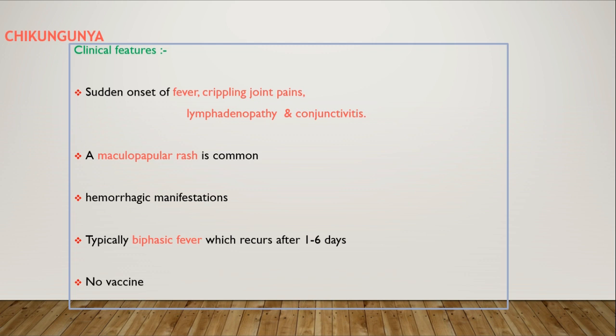Now, talking about the lab diagnosis, we have mainly serological examination. We can collect a blood or serum sample from the patient, and virus isolation of course is possible, but we have to grow them in mosquito cell line. That's a difficult part, so we won't usually do virus isolation.